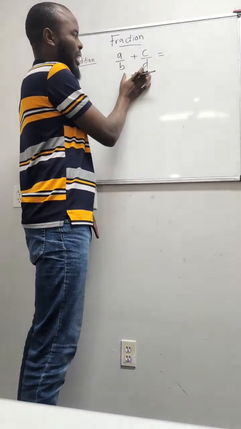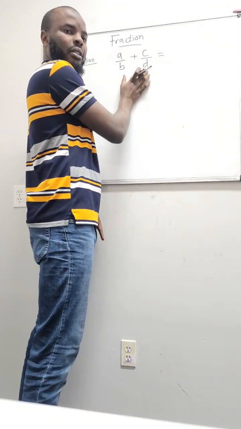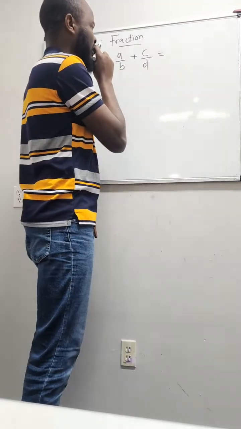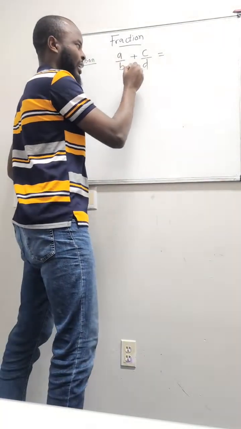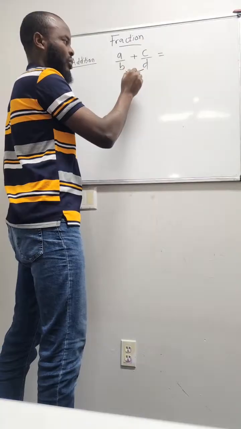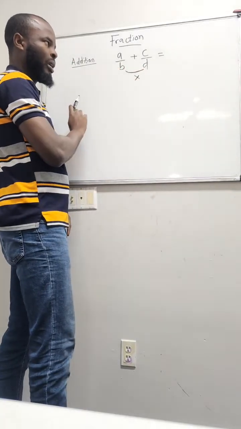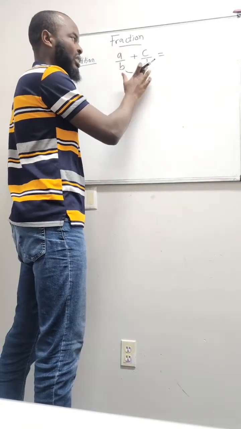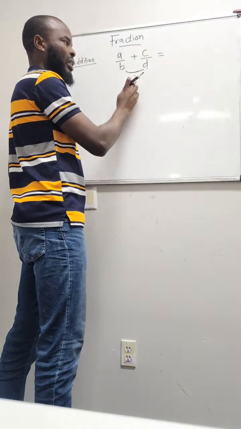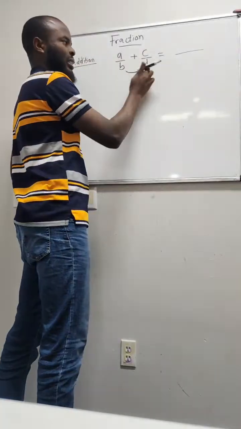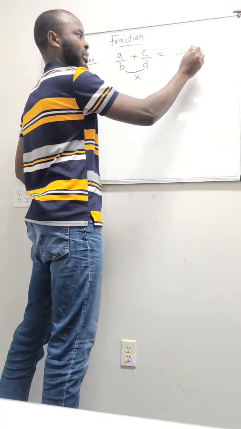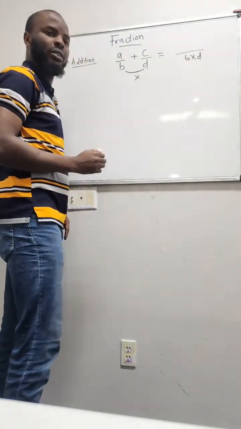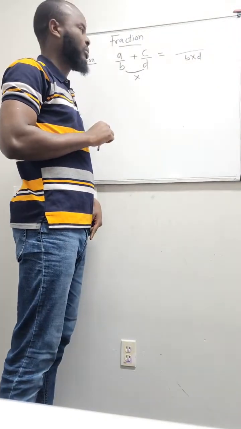If you look at this, we have different denominators. Rule number 1 says you have the same denominator, but rule number 2 says you have different denominators. So to do this, you multiply the denominators together, which is b times d. That's the first thing you do.